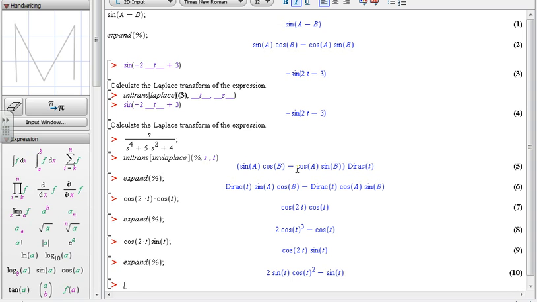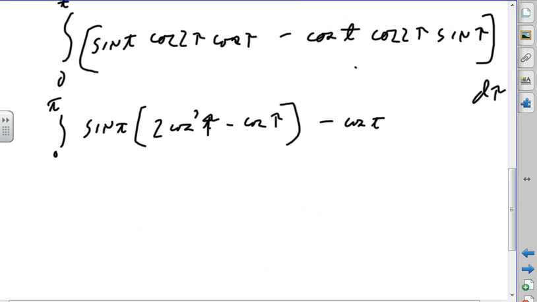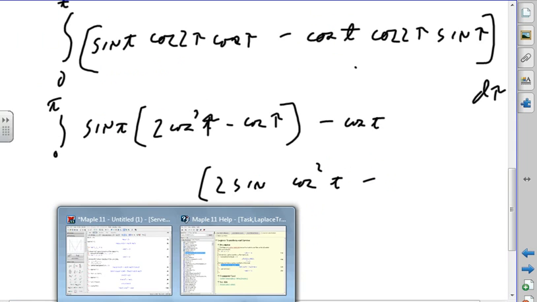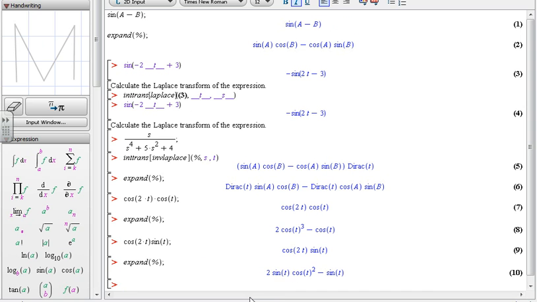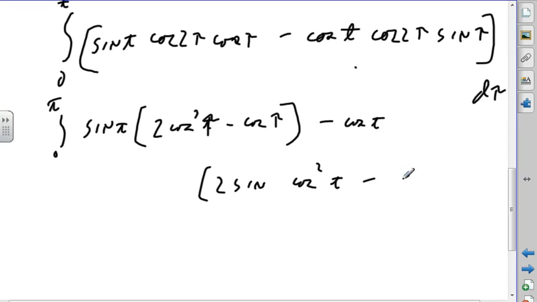Okay, so this is going to be 2 sine cosine squared, 2 sine cosine squared minus sine, and that's a tau, that's a tau, that's a tau, d tau.